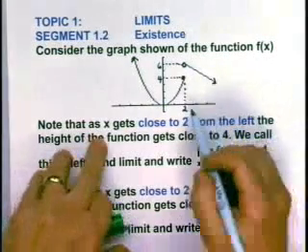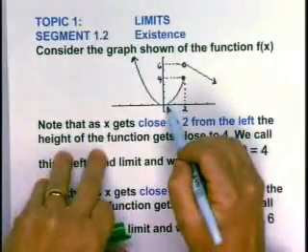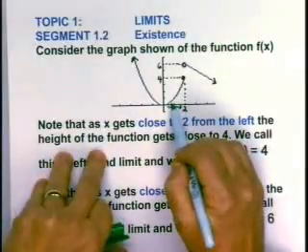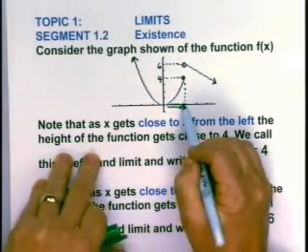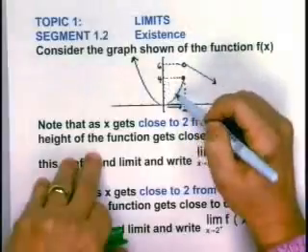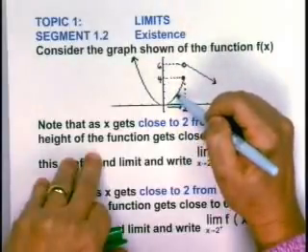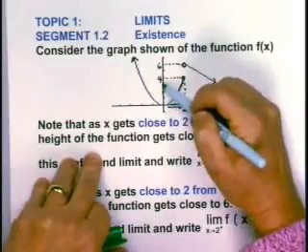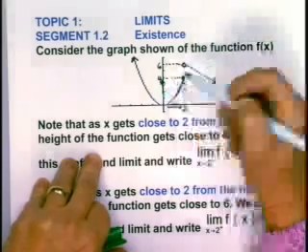Notice that as x gets close to 2 from the left side, so the x values would be moving in this direction, the height of the function is getting closer to 4. The function would be moving in this direction, and so the values of the function would be moving closer to 4 from underneath.